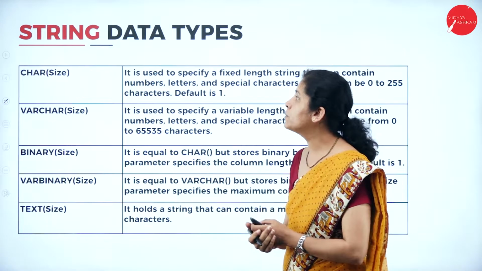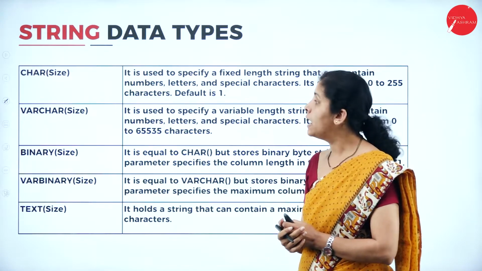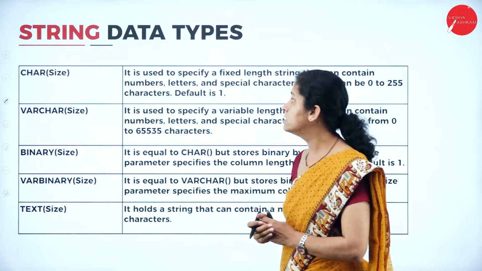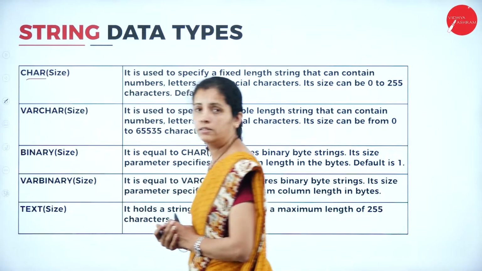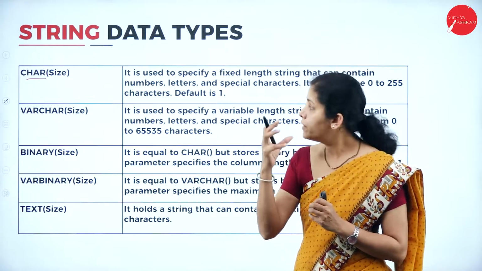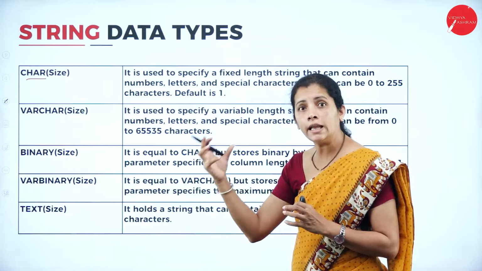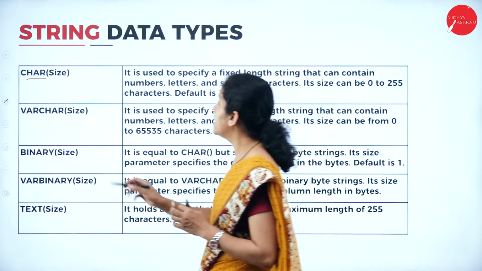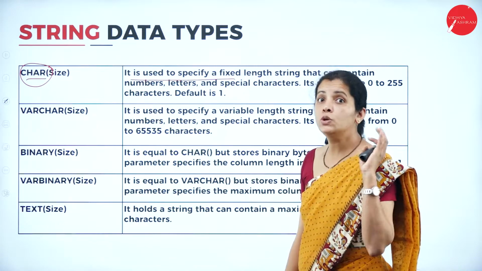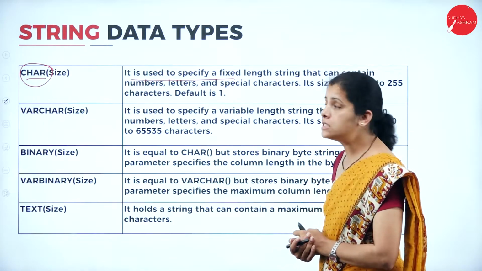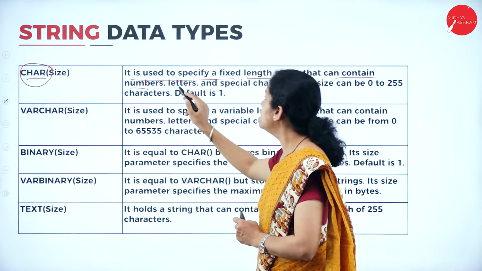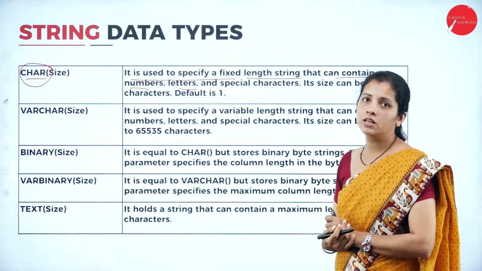At the beginning, I'm going to have string data type. And what are the different types of string data type I'm going to have under SQL? That is character. Suppose if I want to read or get any text or any character, then I can use character data type. It is used to specify a fixed length string that can contain number, letter or any special character.